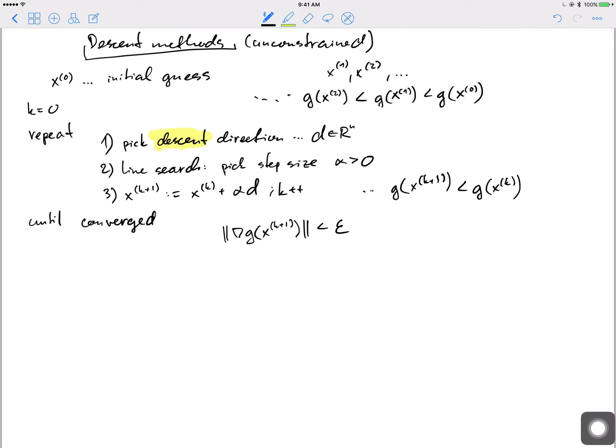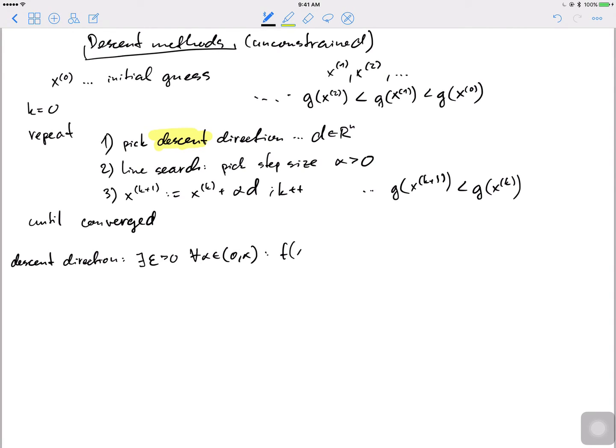Basically, what is a descent direction, first of all, right? I didn't even define that. So descent direction means that there exists some small epsilon. Okay, this is a different epsilon, just some small positive number, such that for each alpha between 0 and epsilon, the function actually goes down in that direction.